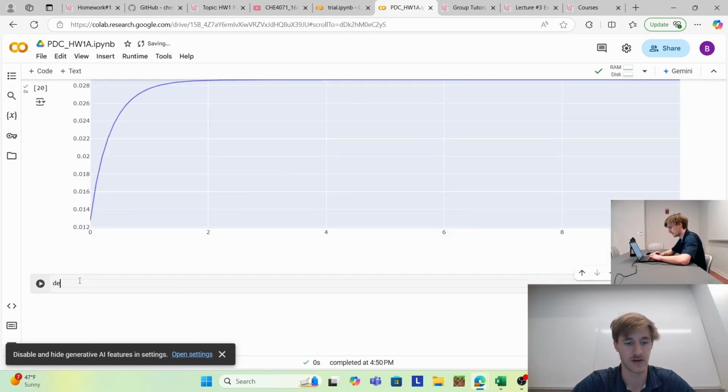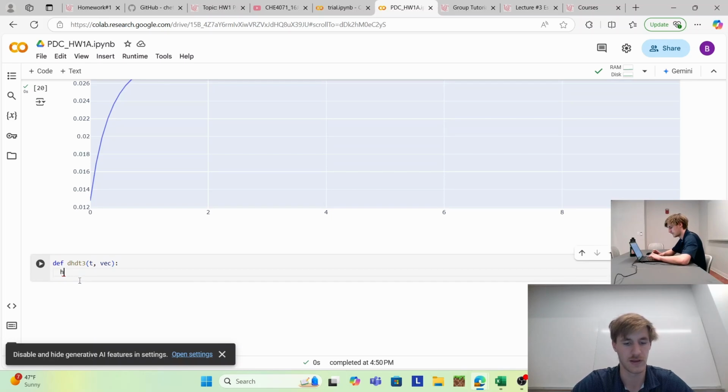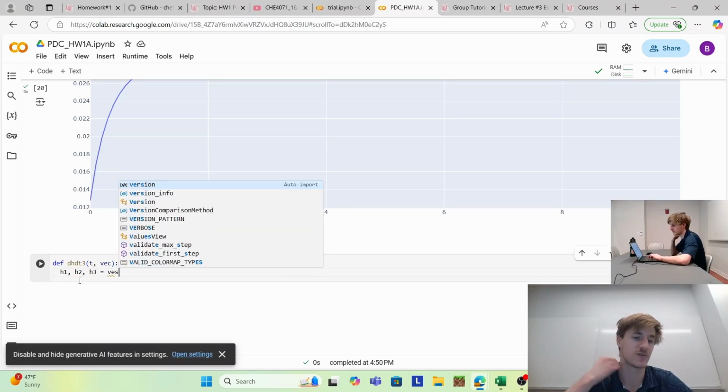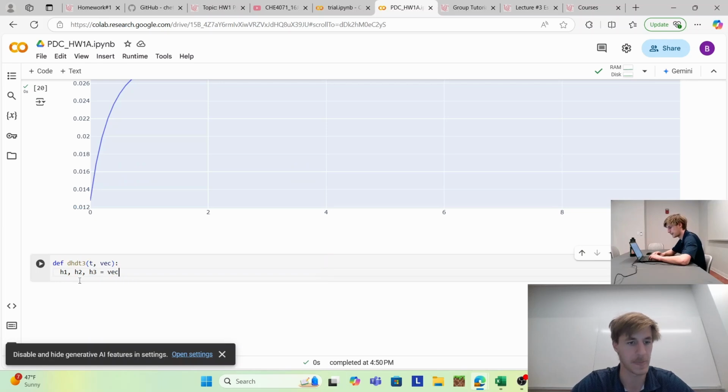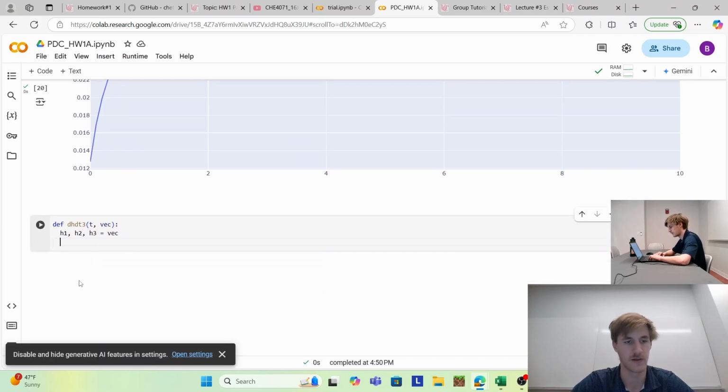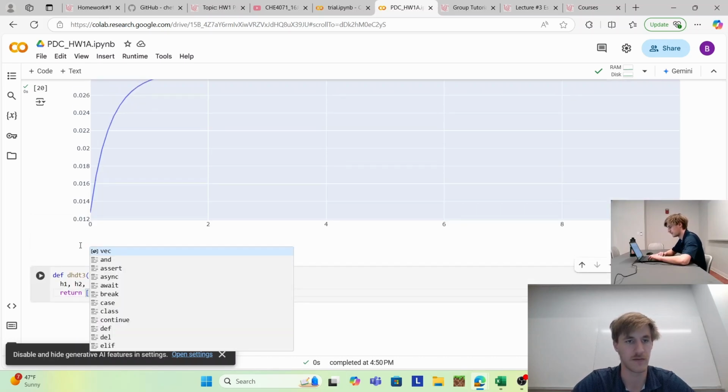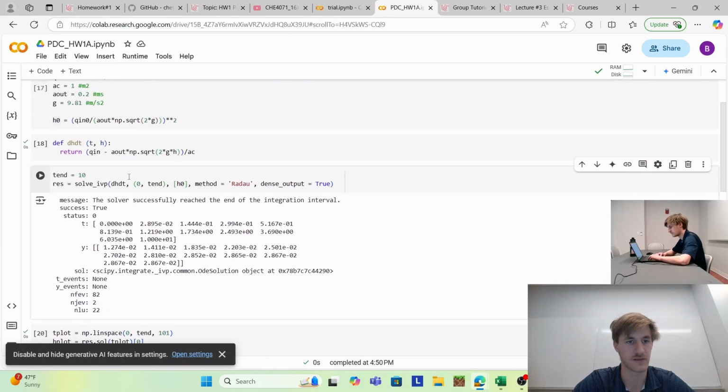Now I want to define a new function we'll call DHCT3, with time and a vector as the inputs. And that vector will give us H1, H2, and H3. And then what we will return is a vector of all of our heights.